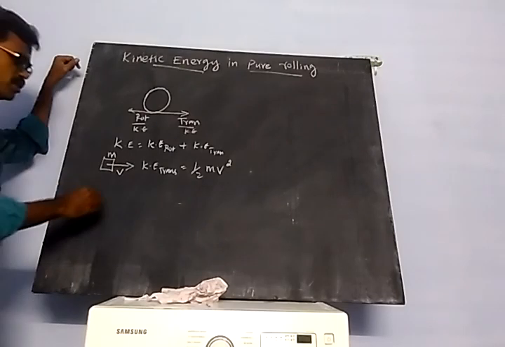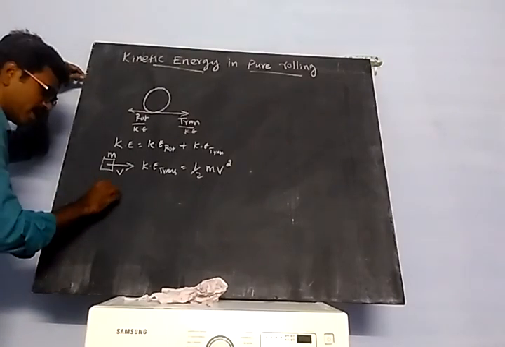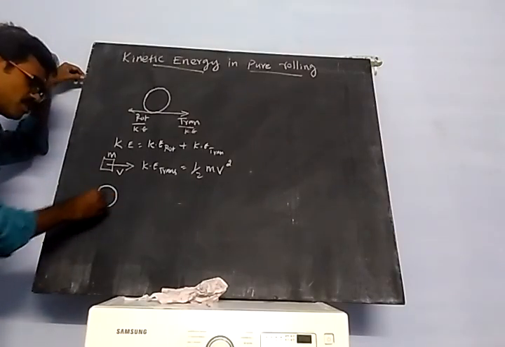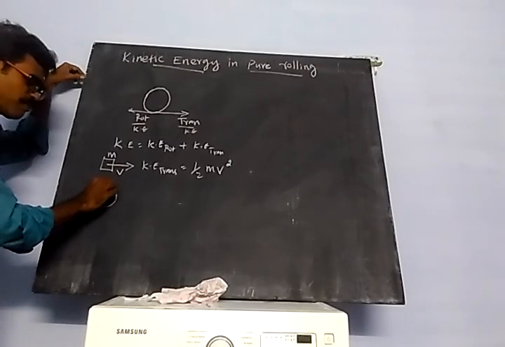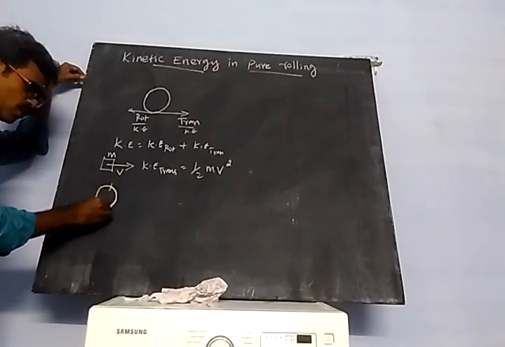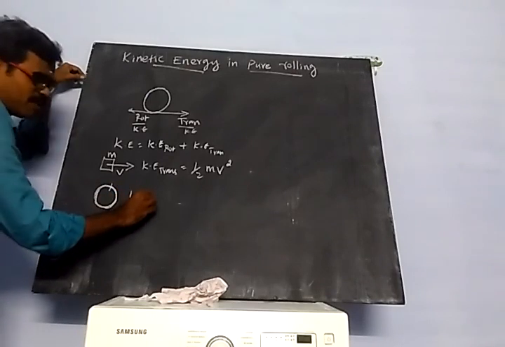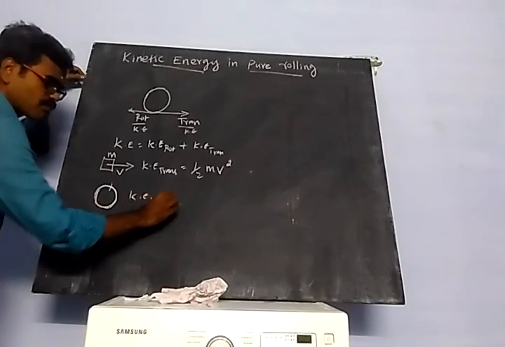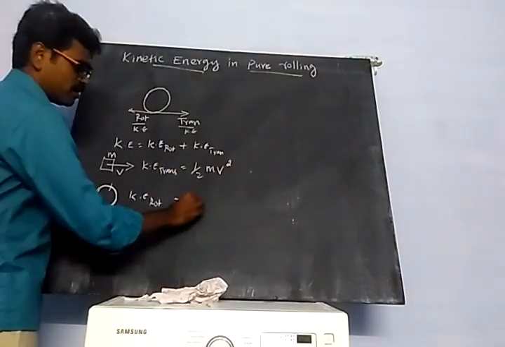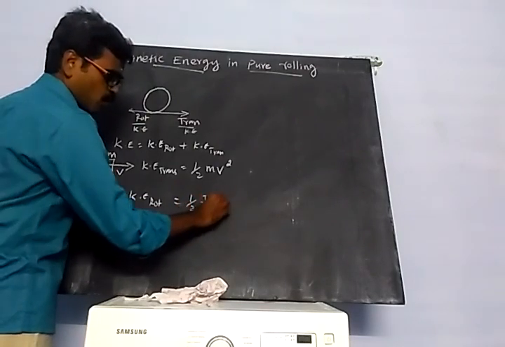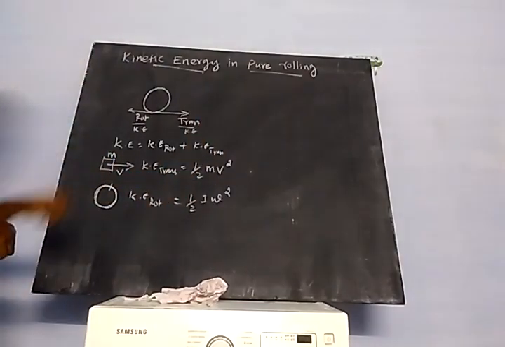Suppose the object is moving in a rotational path, like this, from the starting point. What is the kinetic energy formula? Half I omega square, which we already discussed.